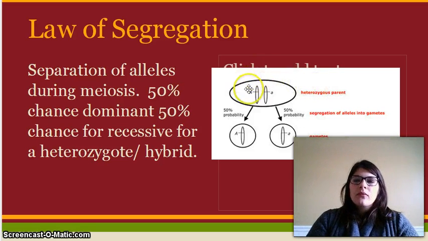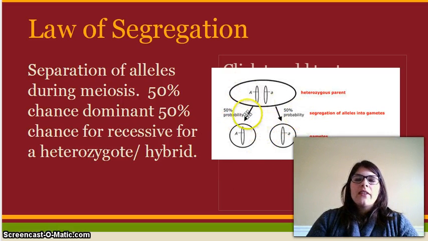Now, say my mom was heterozygous for this, and she had a capital A, lower a, and when she goes through meiosis. Remember the process of meiosis, we're separating all of those alleles and chromosomes into separate parts, so we have a unique individual sex cell.